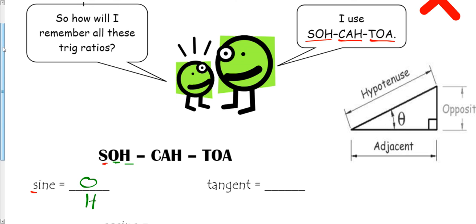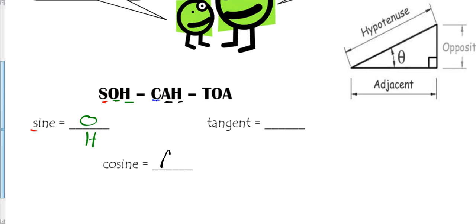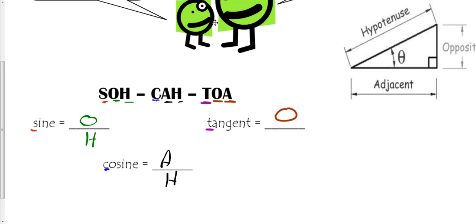Then it's telling you that cosine is equal to adjacent over hypotenuse. There's the C for cosine. It's a memory mechanism. And then tangent is equal to opposite over adjacent. Opposite over adjacent.